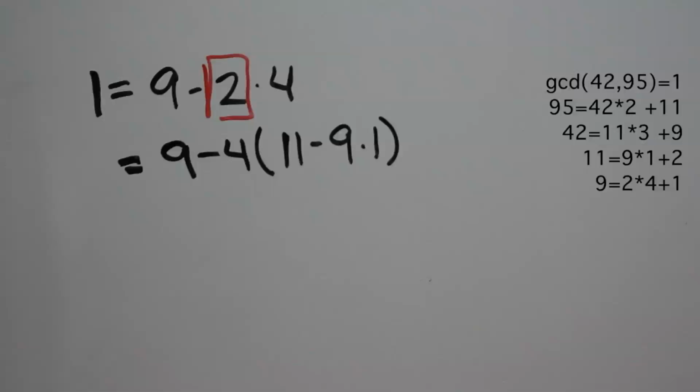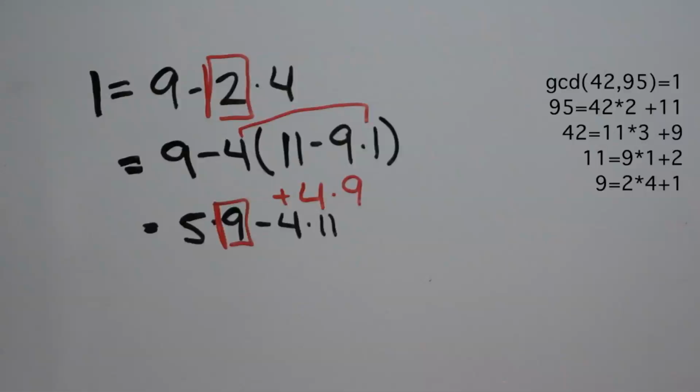We just replace that with what 2 is equal to in our set of remainders that we rearranged before. And then we break it down even more. We see that we have 4 9s there, plus that 9 on the very outside. So total they come to 5 times 9 minus 4 times 11.